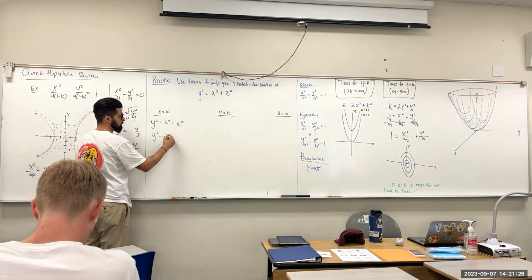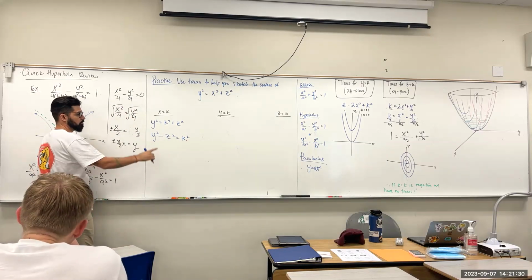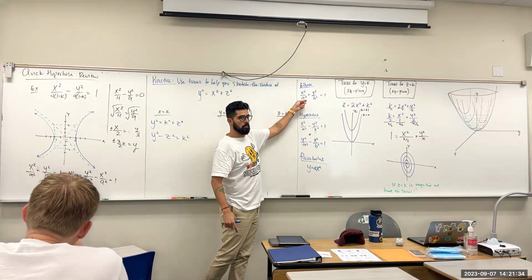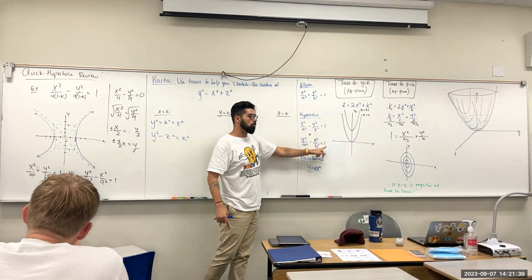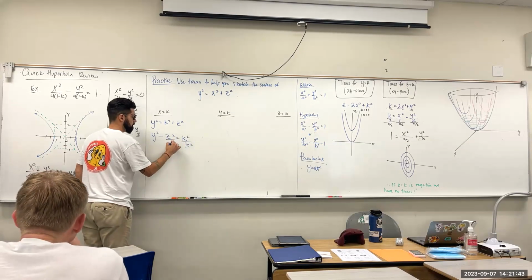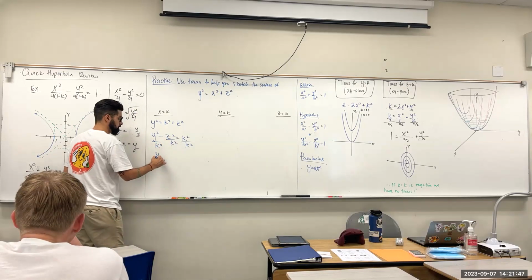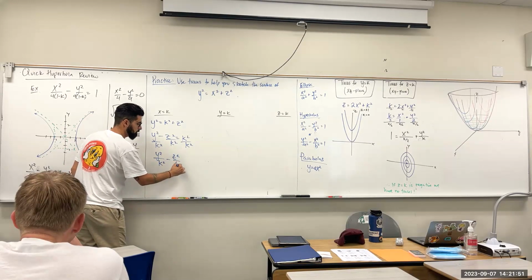You got to subtract it. So now I have a constant here. Which of these three might it be? Probably going to be a hyperbola, and therefore I want them to equal 1. So then I'm going to divide everything by k squared, so that this turns into a 1. And so yes, it's going to be a hyperbola.